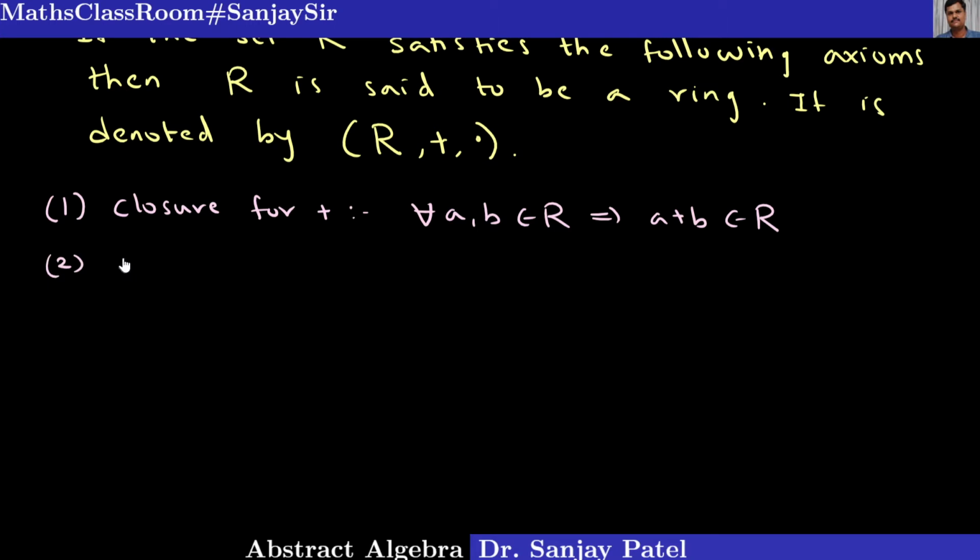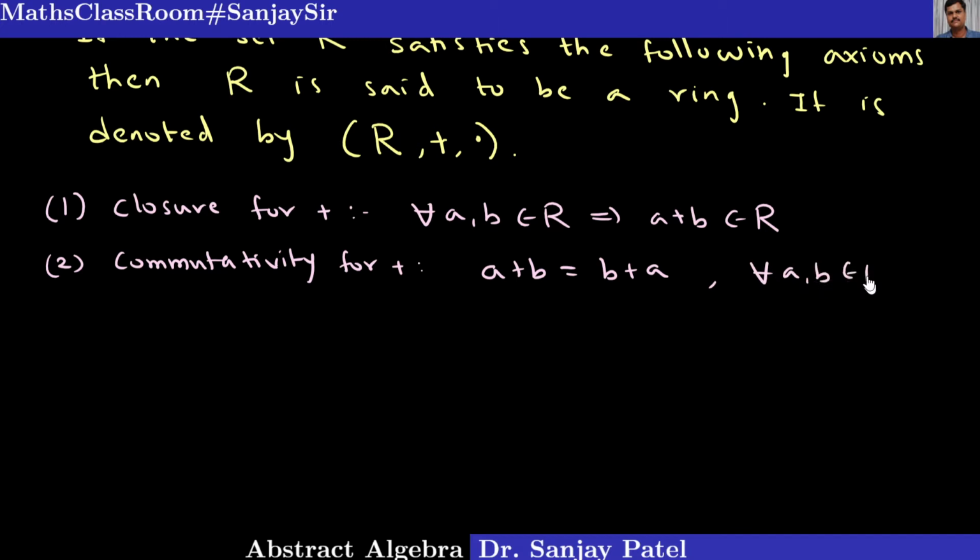The second thing is called commutativity. Commutativity for plus: a plus b is equal to b plus a for every a, b belongs to R. So we say that the operation addition is commutative in R. Then the third one is associativity for the operation of addition.